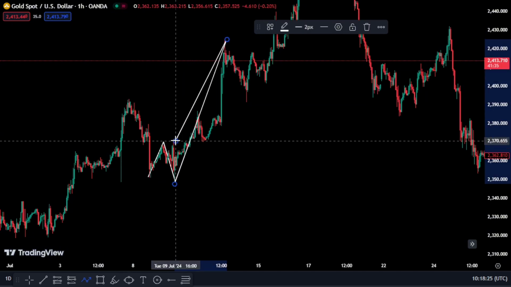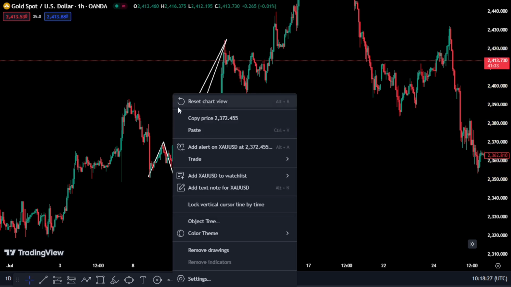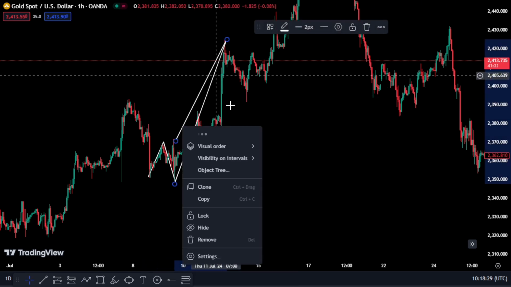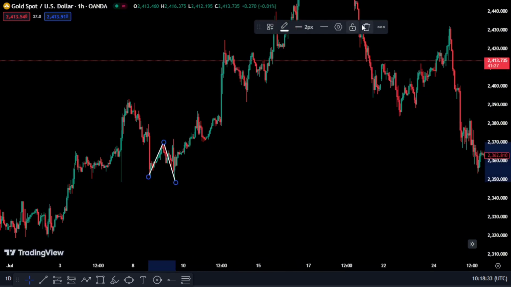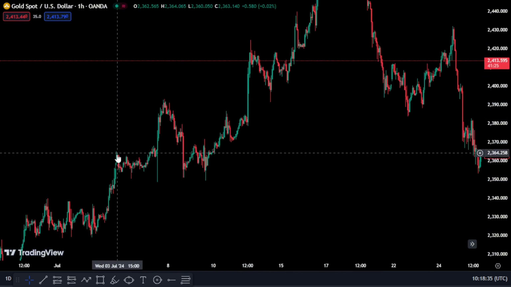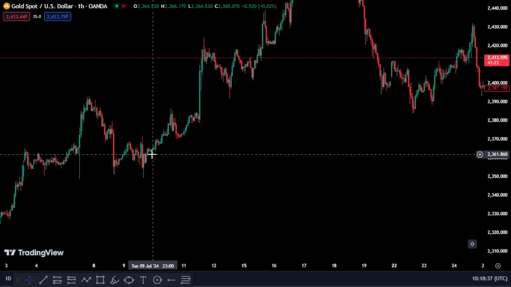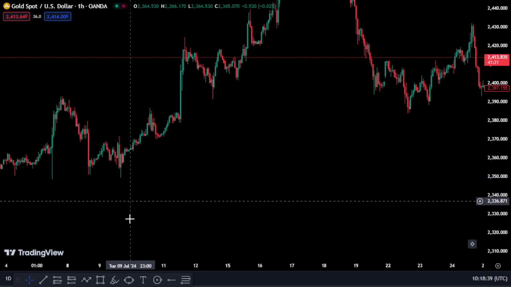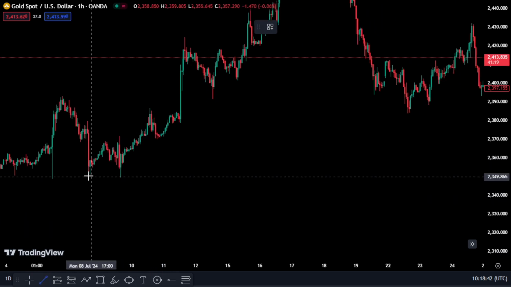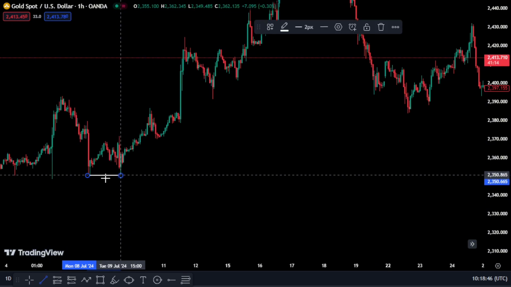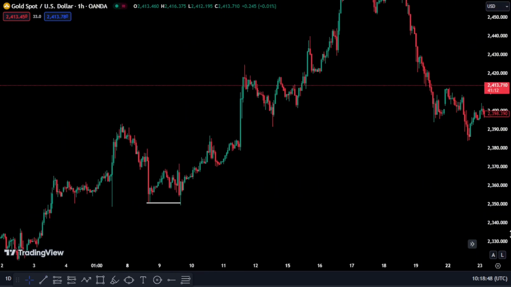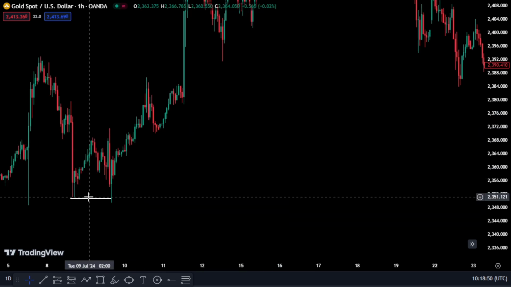There are other breaks of structure here, but we don't want to pay attention to those because those are minors. That break of structure did not cause any major highs. Now the thing is this: we have a sweep of liquidity here.